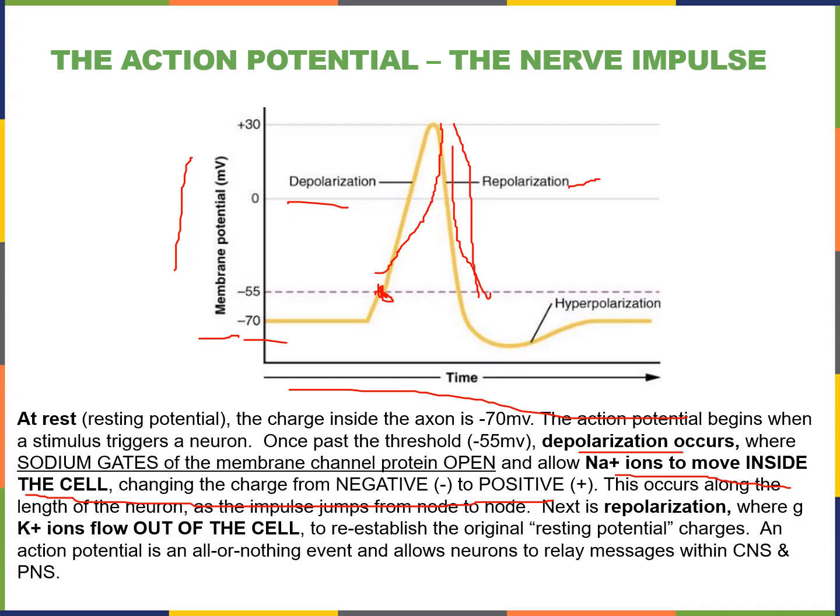The goal is to reestablish the original resting potential, because a neuron cannot fire another action potential until the first one that got started is totally completed. This is what allows neurons to relay messages within the central nervous system and the peripheral nervous system.